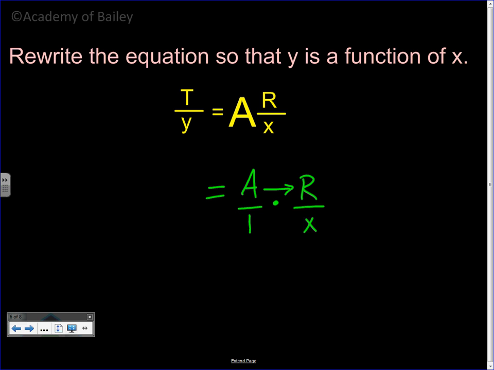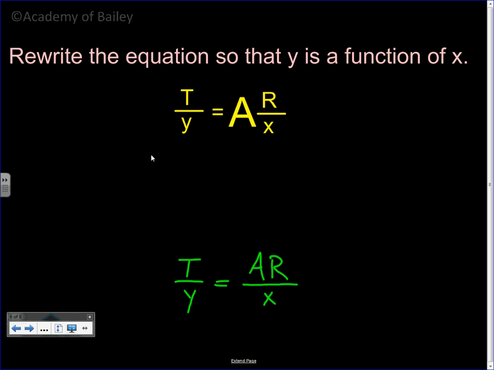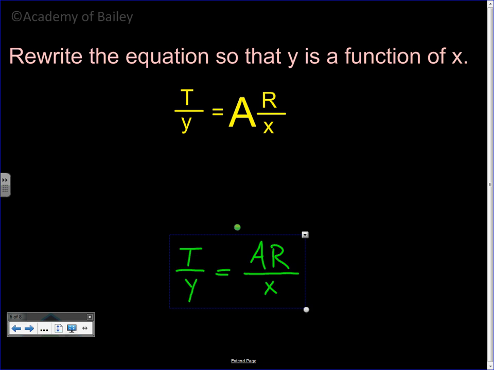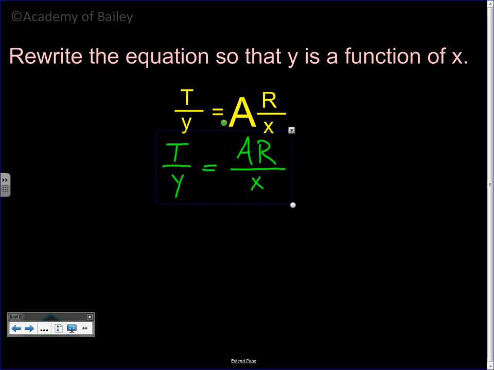So we're going to get A times R, remember these are capital letters, over x, and that's going to be equal to t over y. We just drop this one straight down. And so once you use your fraction multiplication skills, you have simplified this equation.